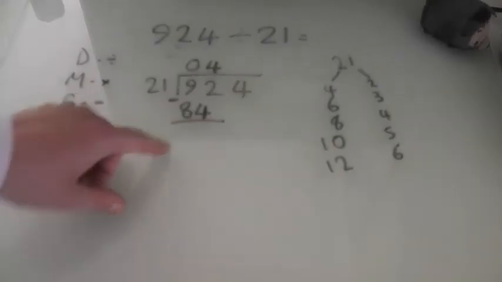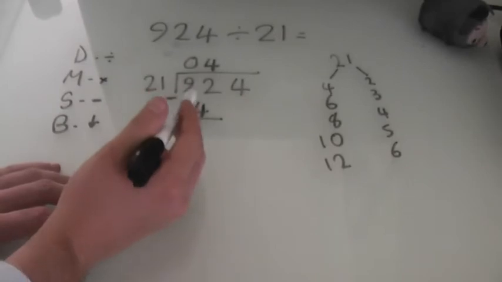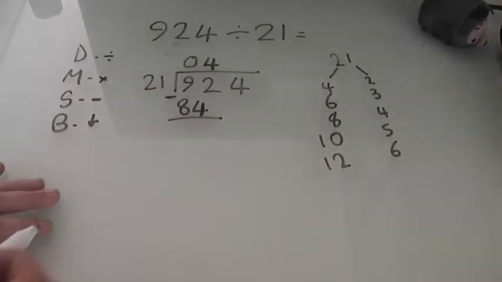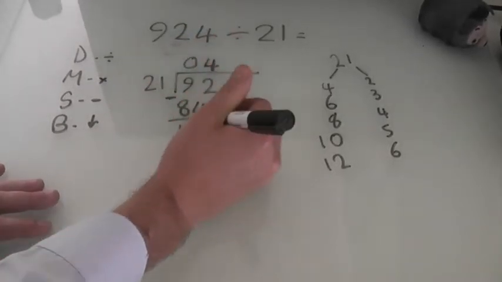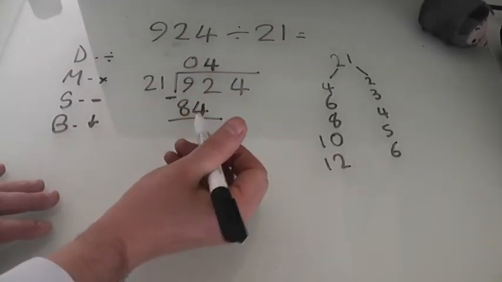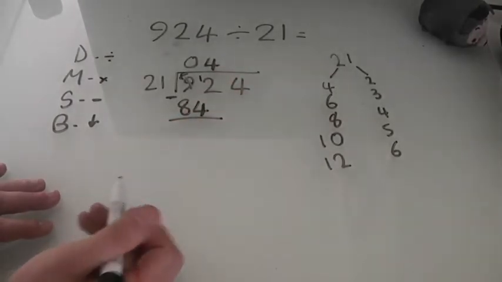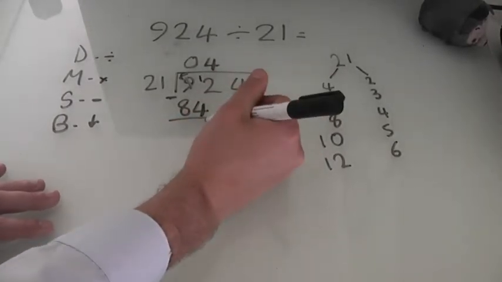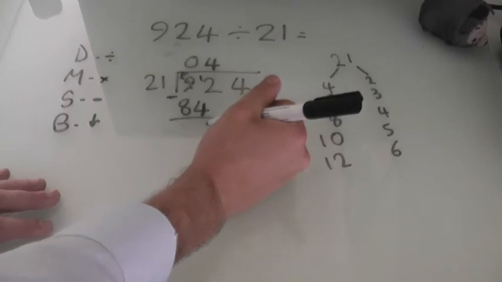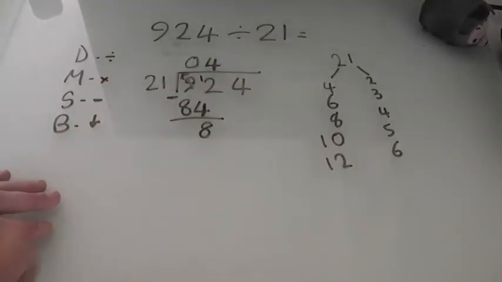So 2 take away 4, we can't do, can we? So we cross it out, carry the 1, so we've got 12 take away 4, which will give us 8, and we leave it there.